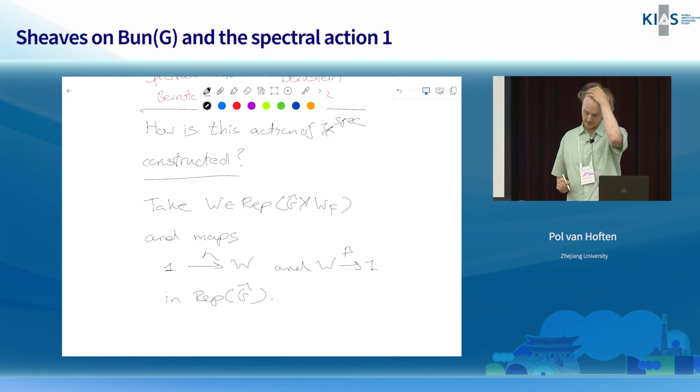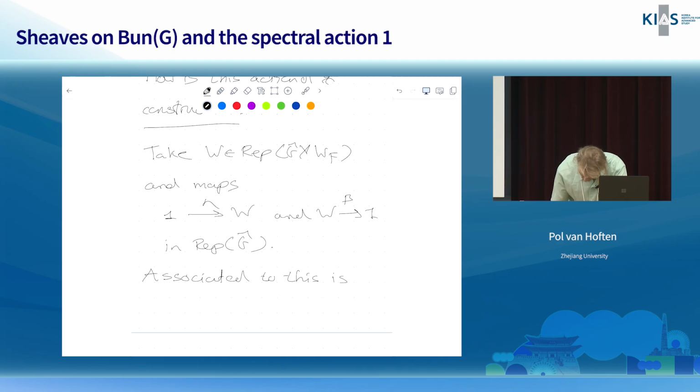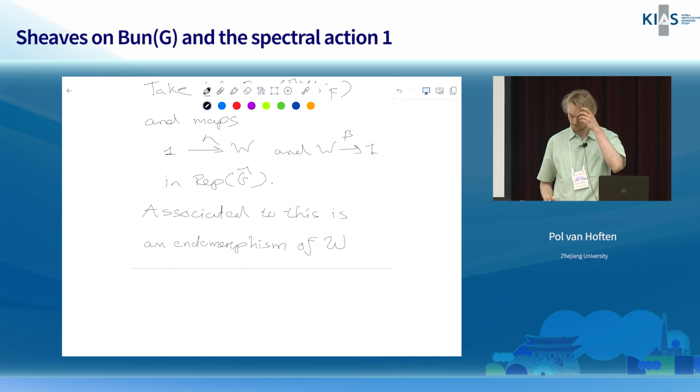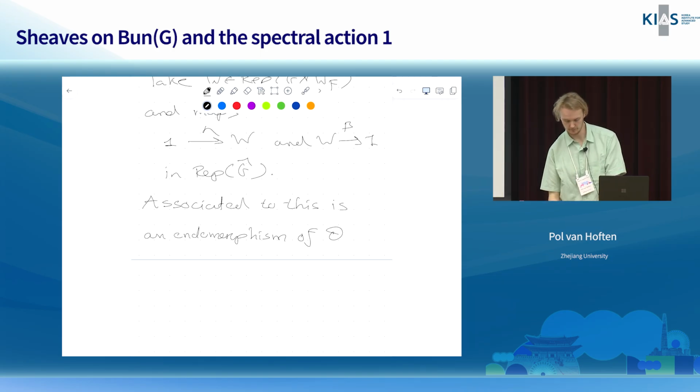And associated to this is an endomorphism of this curly W, sorry, an endomorphism of O on Par G.